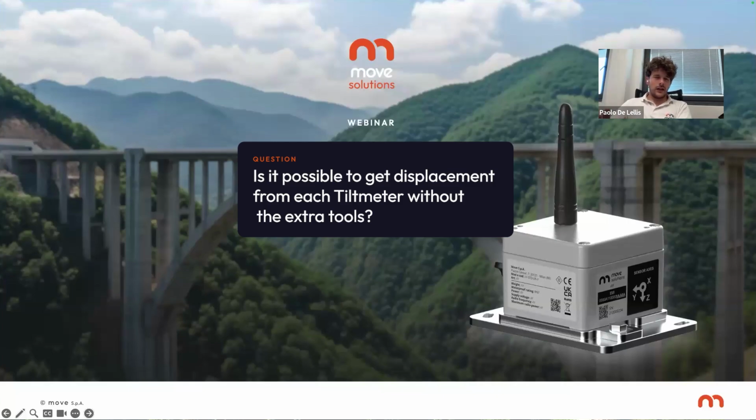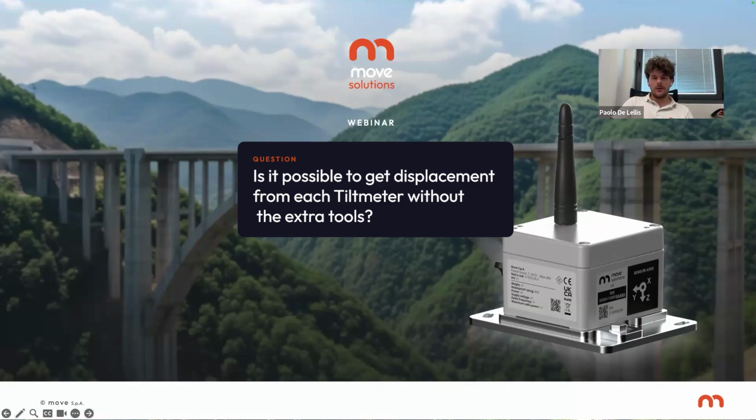So in general, no, we cannot obtain displacement data from single tiltmeters. You can modify the unit preference in the settings, and you can see the angle value in degrees or in millimeters per meter or in another way. So you can choose your unit in the settings page.